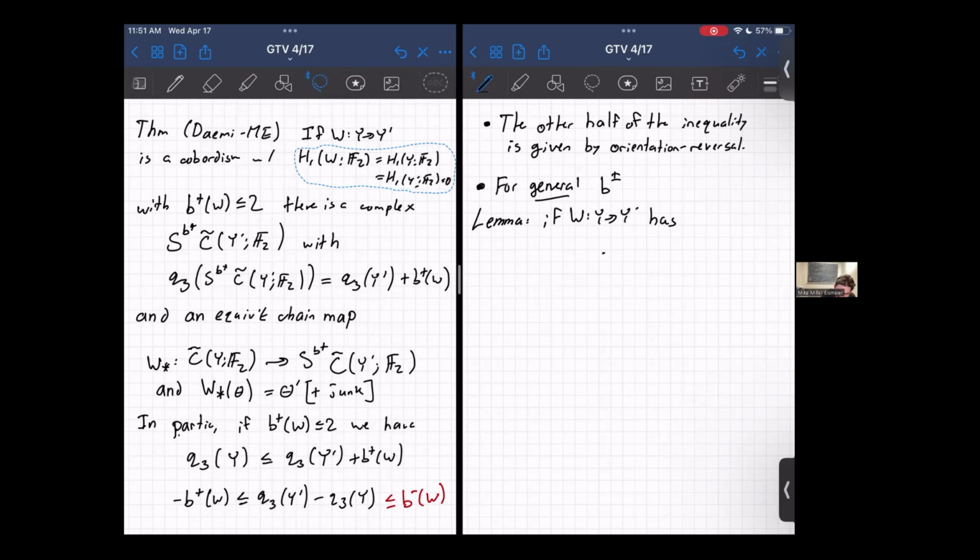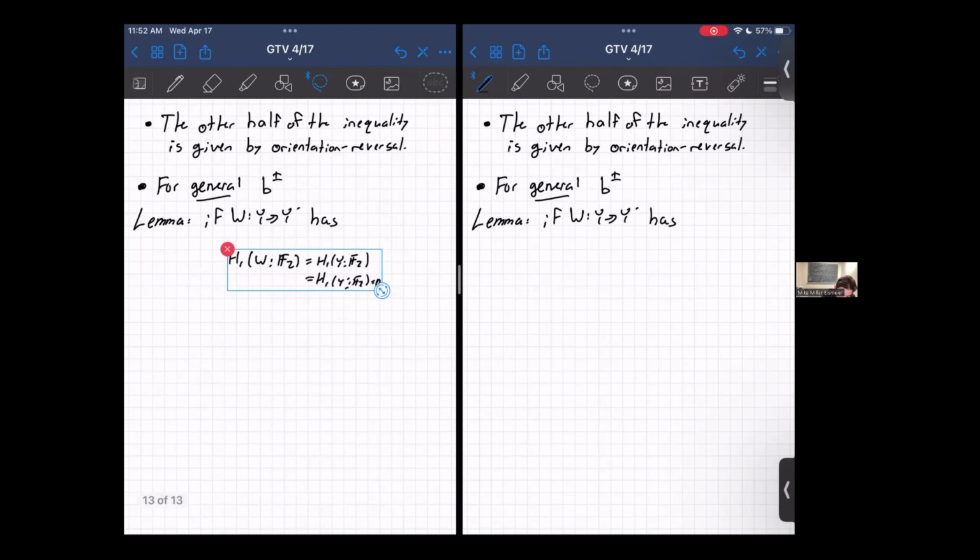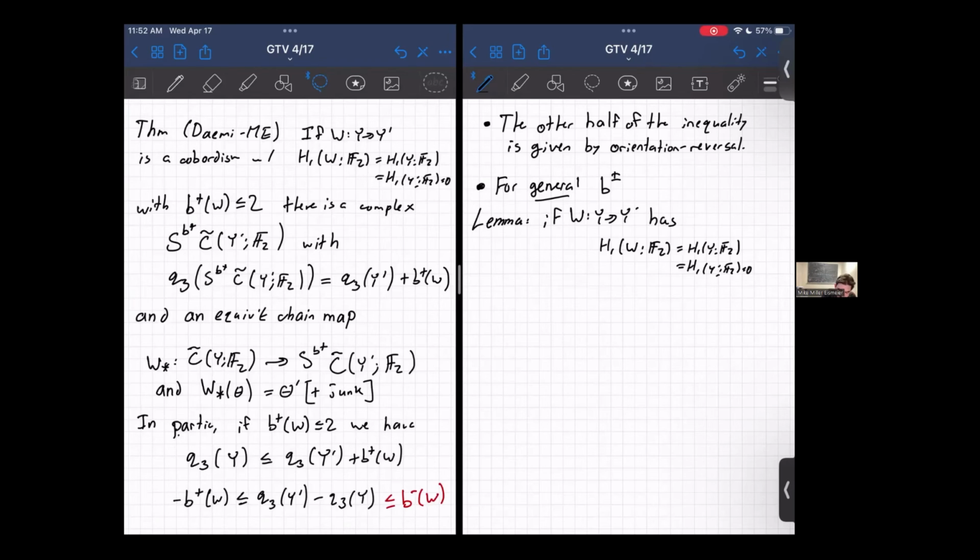If I have a cobordism with those homological conditions I mentioned, taking a handle decomposition of that cobordism, just using that handle decomposition and doing a little linear algebra, this cobordism can be decomposed as a sequence of cobordisms with the same conditions.